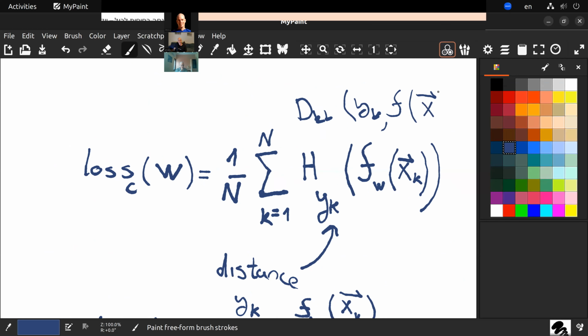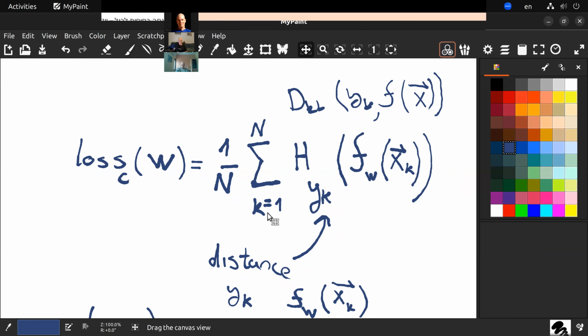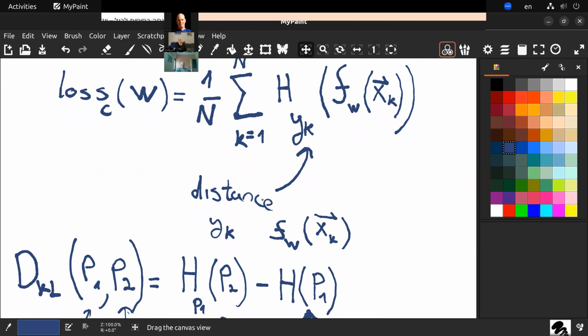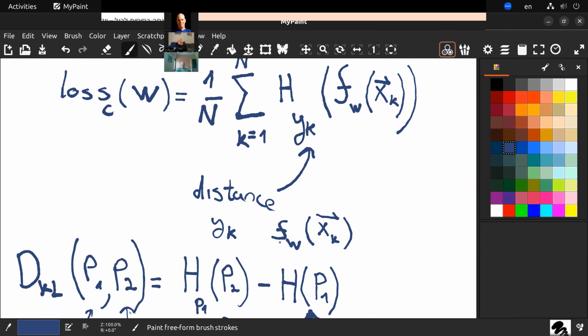So we could have said, instead of cross entropy, we're using DKL because we are dealing with deterministic probabilities. It's the same. And DKL is a very, very common measure of distance between probabilities.